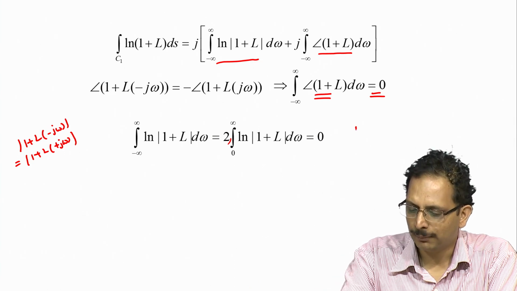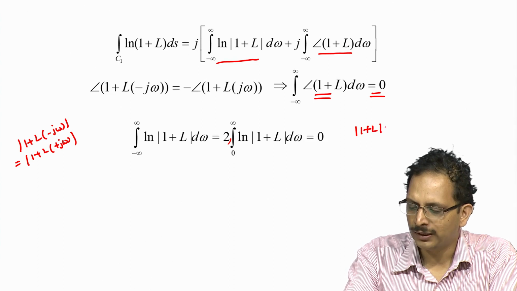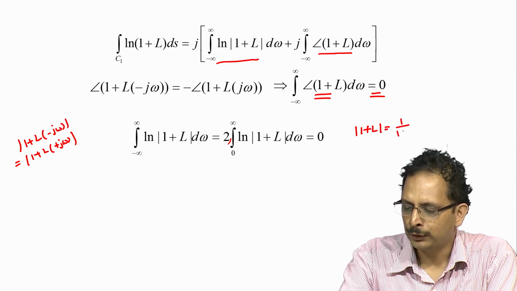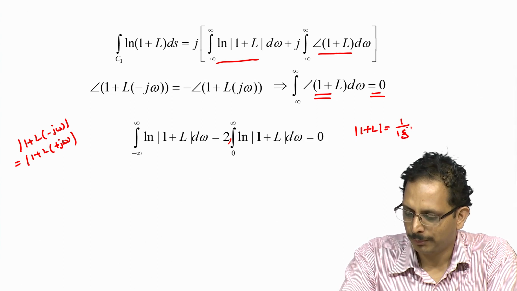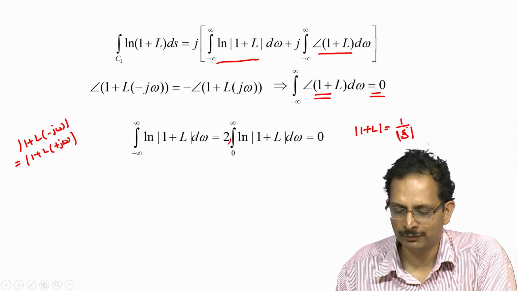Now, we note that the magnitude of 1 plus L is equal to 1 by the magnitude of S, where capital S represents the sensitivity function by definition.